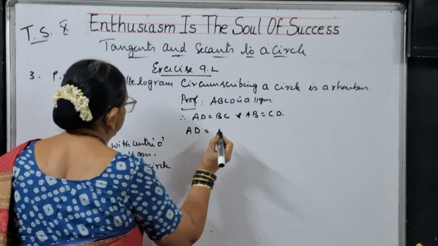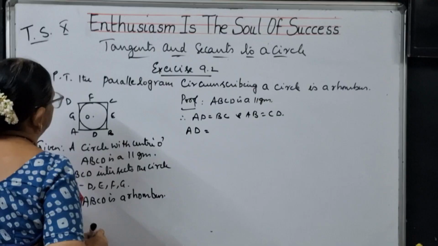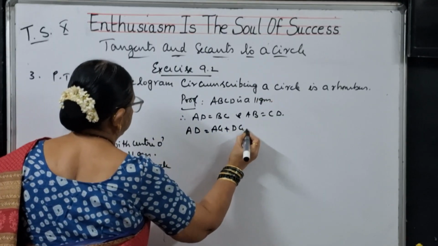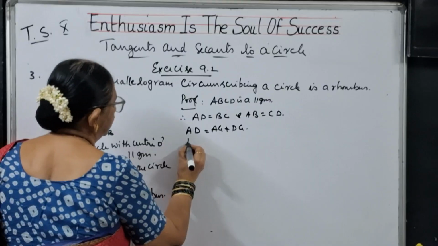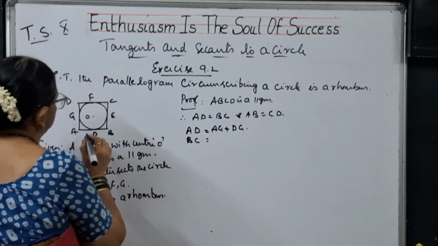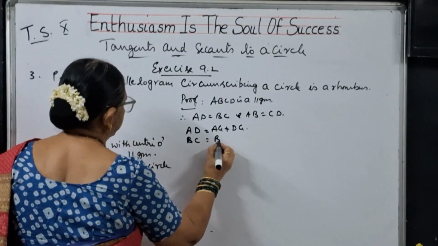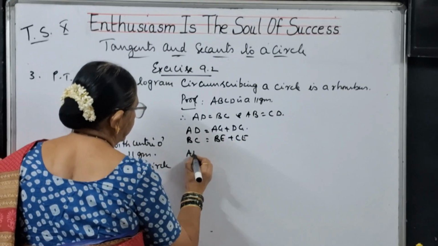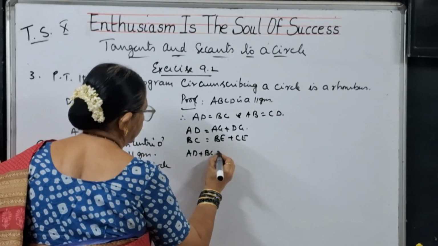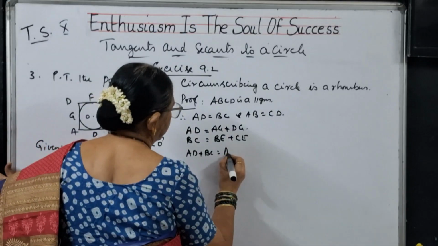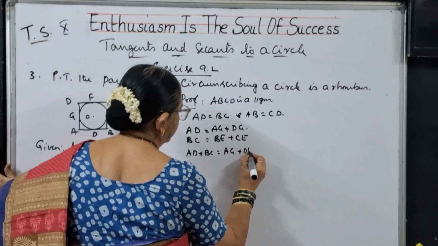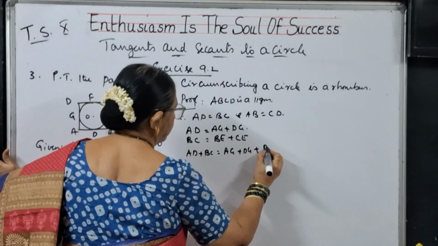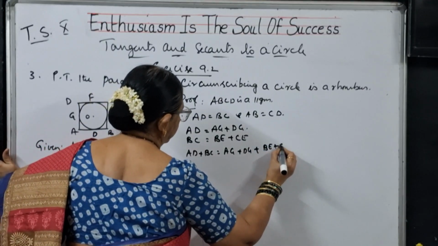AD is nothing but AG plus DG. And what is BC? BC is nothing but BE plus CE. Suppose you are adding AD plus BC. That means what you are getting? AG plus DG plus BE plus CE.